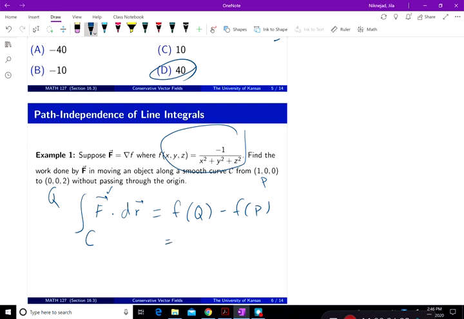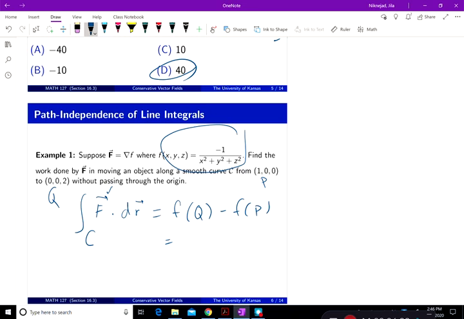One thing that you notice is that it tells you without passing through the origin, because when you pass through the origin, there will be a point of discontinuity for the gradient vector and for the potential function, and therefore for the gradient of that also.